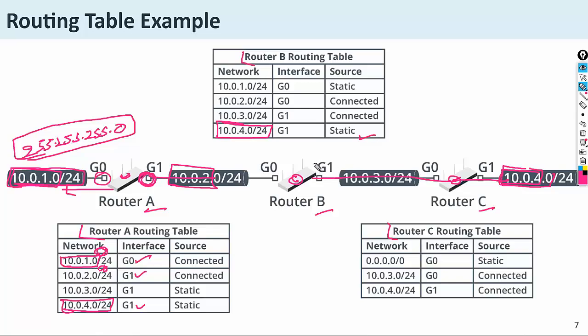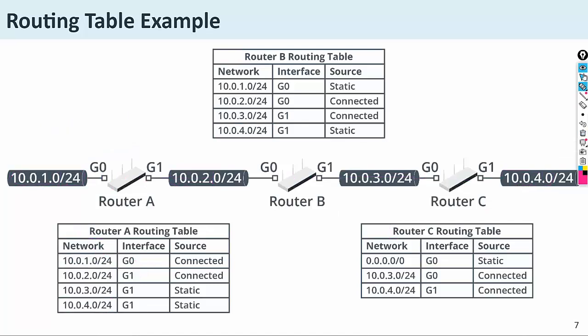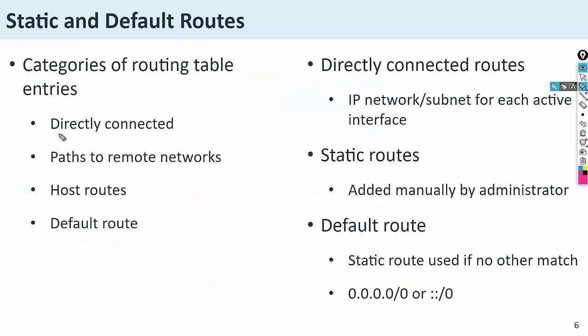Static entry means when you define the route on the router, it is called a static entry. Directly connected means the interface is directly connected. Path of the remote networks means the path to the remote networks.